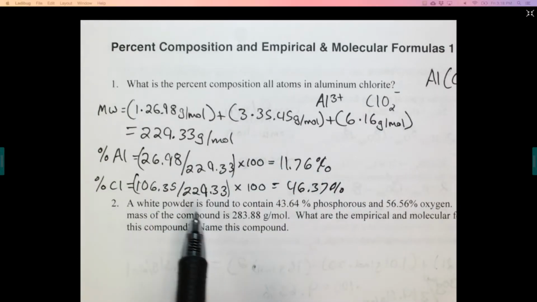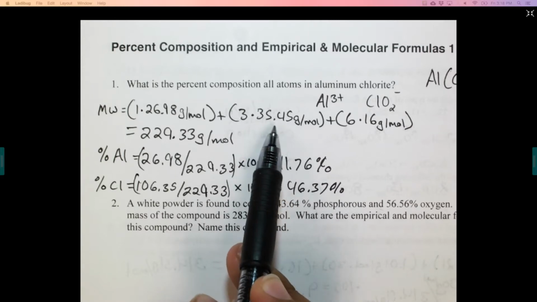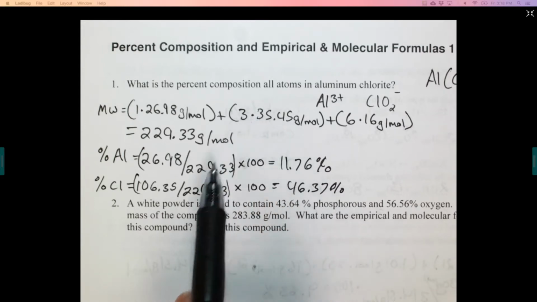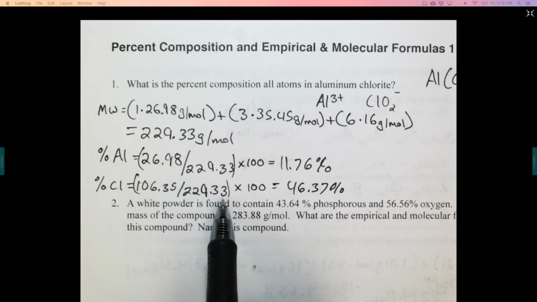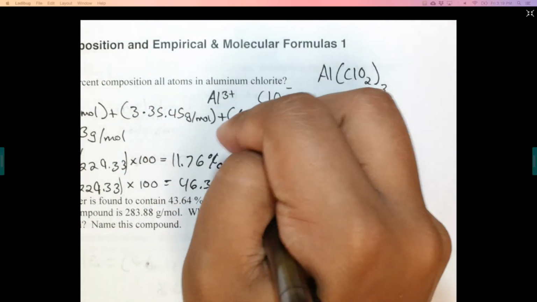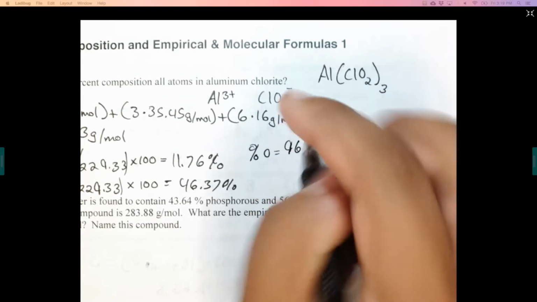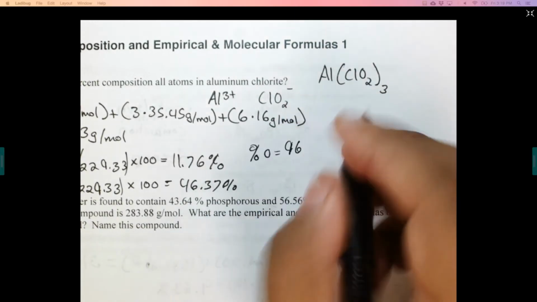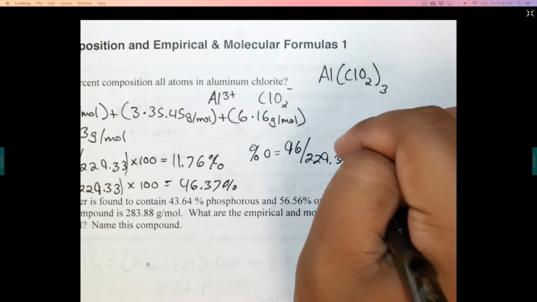Now, somebody might ask, where did this 106 come from? I don't see it anywhere. This 106 is the product of this multiplication here. So just make sure that, remember, percent composition is total mass of that element over the total mass of the compound. And then lastly, percent oxygen is equal to 96, which is also the product of this multiplication, all over 229.33 times 100.